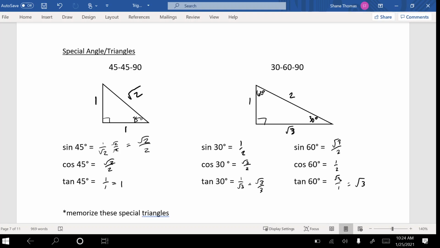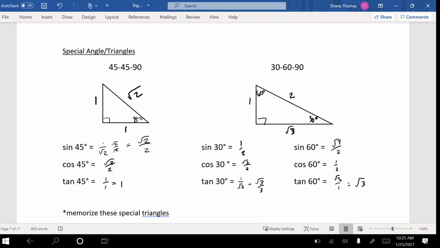In the first one, we looked at how everything was related to 30. If 30 is my reference angle, this is my adjacent, this is my opposite, this is my hypotenuse. If I stand up here at 60, now this becomes my adjacent, this is my opposite, and that's my hypotenuse. Is that what you're asking?